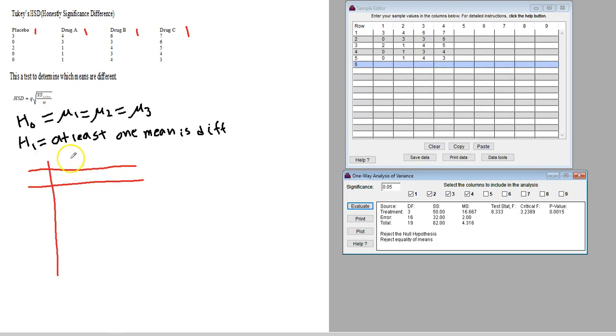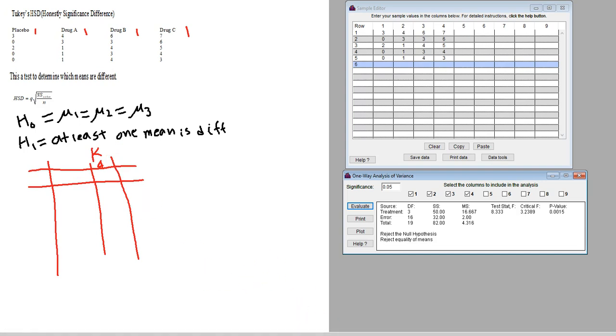each column here is called K, the number of samples. Small k is how many samples you have. In this case, we got 4, so you're going to have to go to the fourth column here. Now the rows are called the degrees of freedom error.